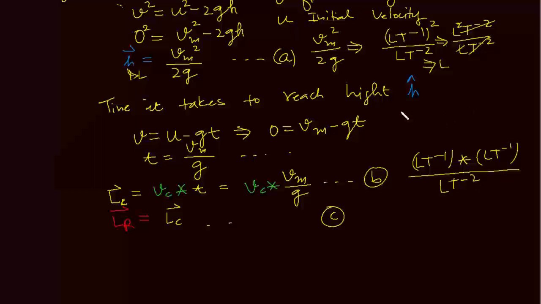It's very similar to what we got in A. So this implies that L square T minus 2, L T minus 2 cancels. Again we have L, and this is no brainer, this is L. So you see here that Vm squared divided by 2g does not look like length intuitively. But by performing this dimensional analysis, it becomes very clear that it is indeed a length.